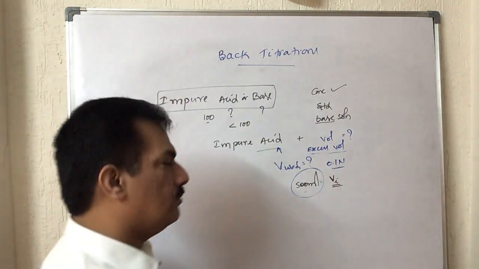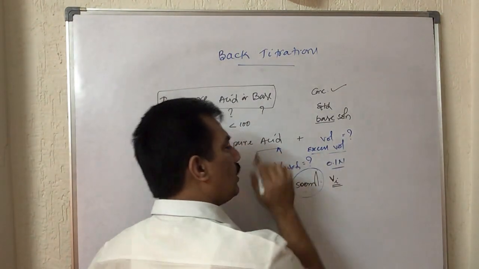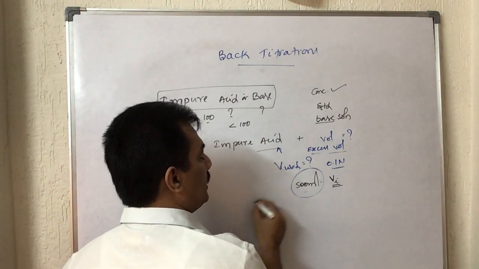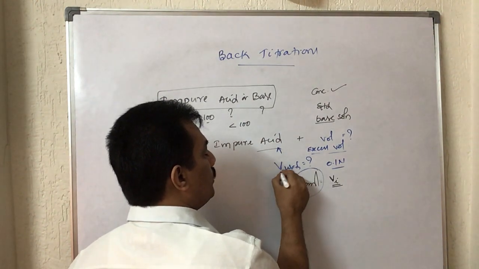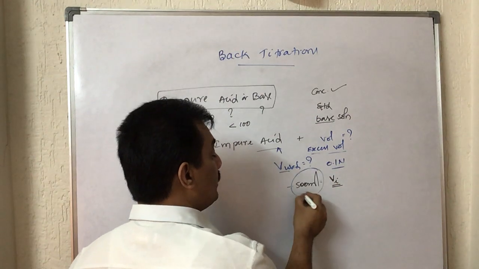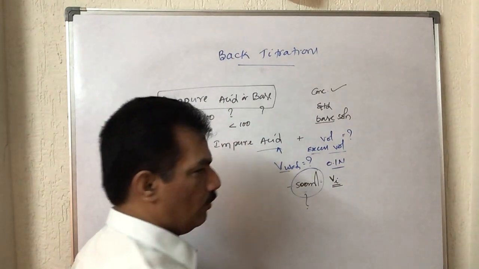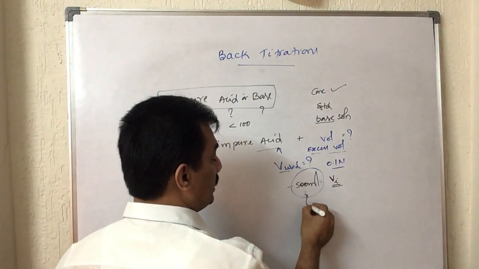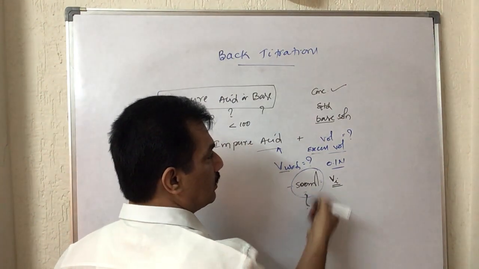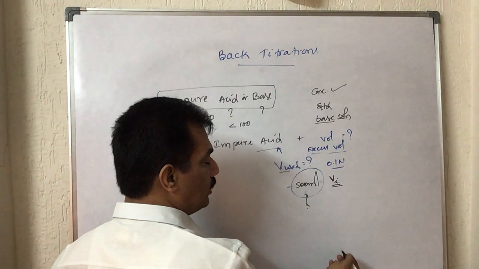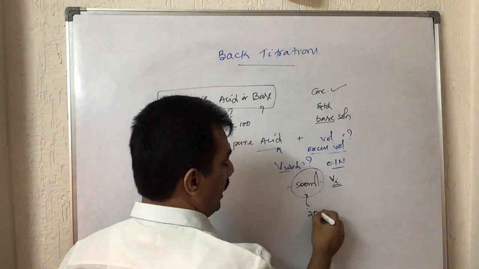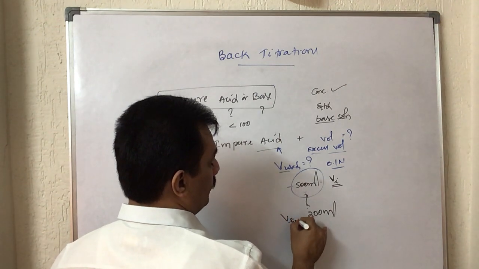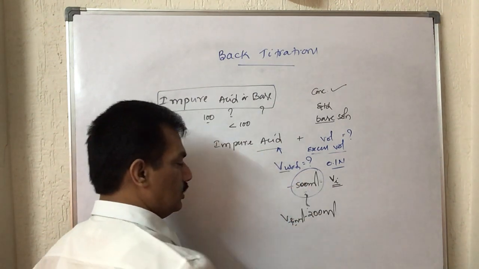And how to find it? Just remember, when excess volume is taken, say out of this 500 some volume V used is used up. The remaining, how much? If we are able to measure the remaining volume in the base solution, say for example it is 200 ml, that is V final, which is present in the solution.